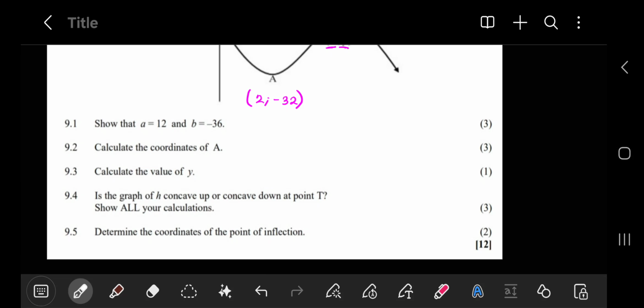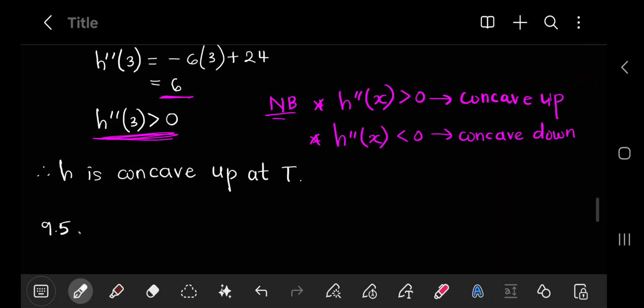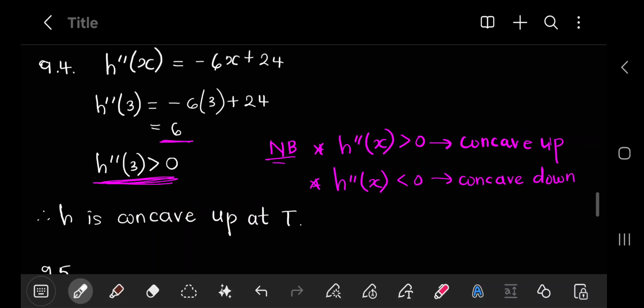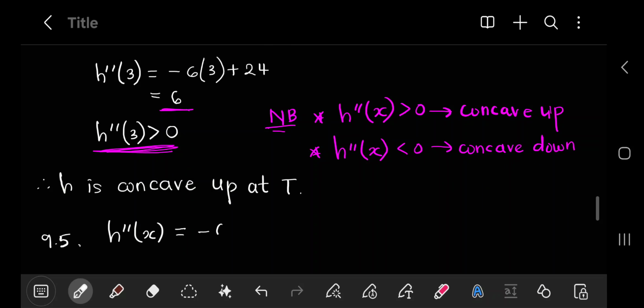Now we're on to 9.5 and it says determine the coordinates of the point of inflection. So remember how we get point of inflection is we get the second derivative, equate to 0 and solve for x. We already have our second derivative, so here it is. So let's just rewrite that. h double prime x is equal to negative 6x plus 24.